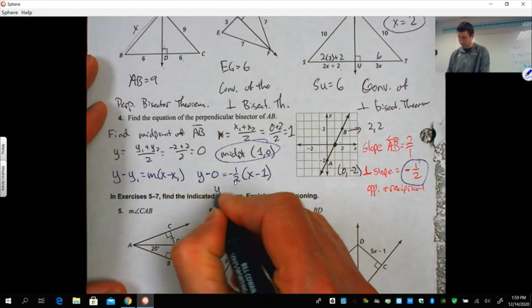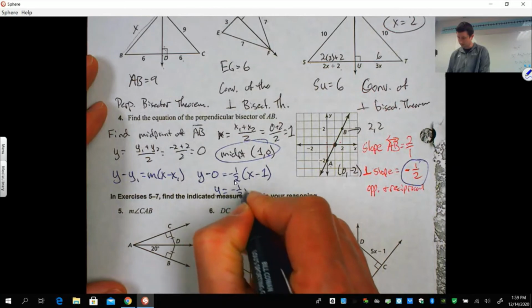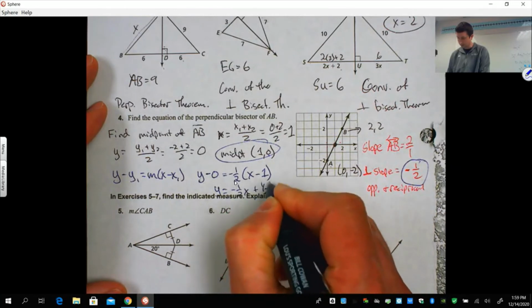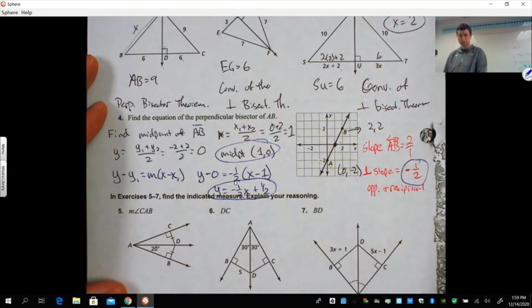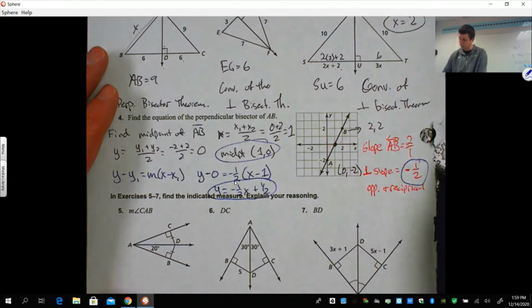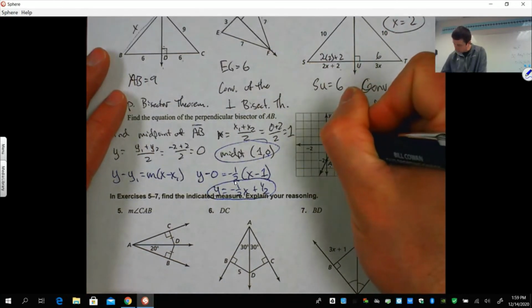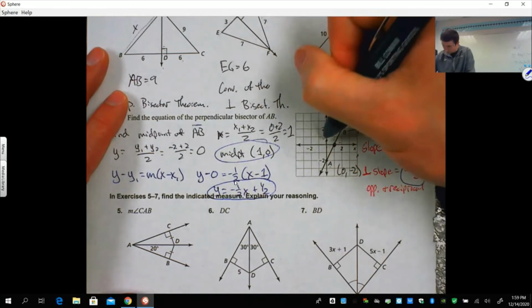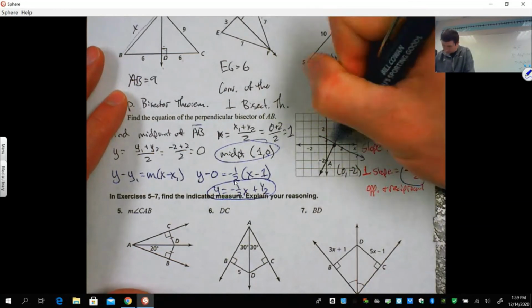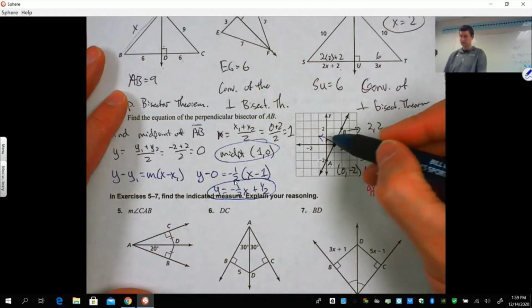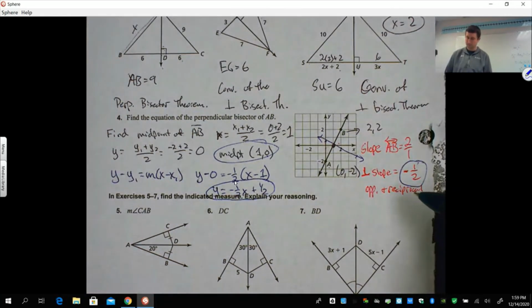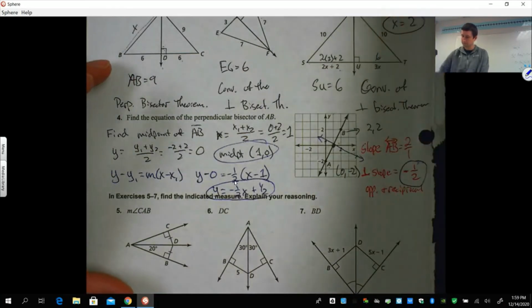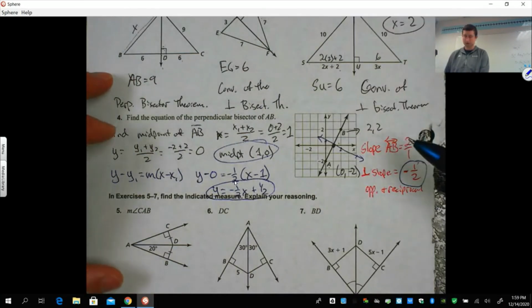So clean that up, y equals negative 1/2 x plus 1/2. That would be my perpendicular bisector. Y-intercept of 1/2 and the slope of negative 1/2. Okay, so a little quick review with algebra. If you have some questions on that when you get to it, please let me know.